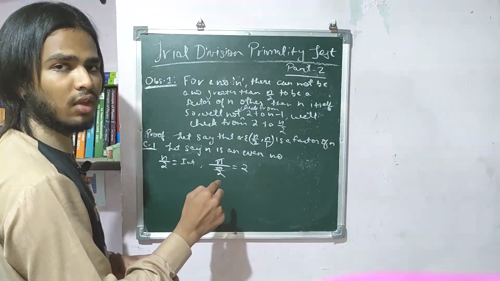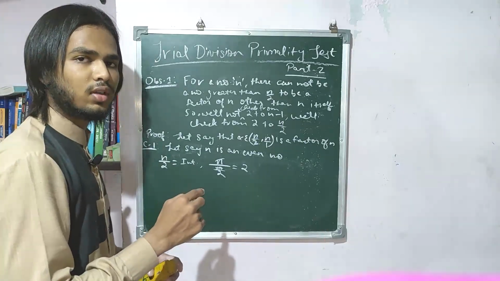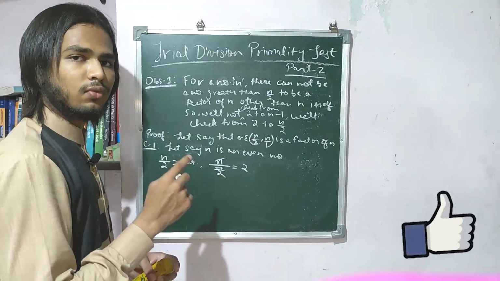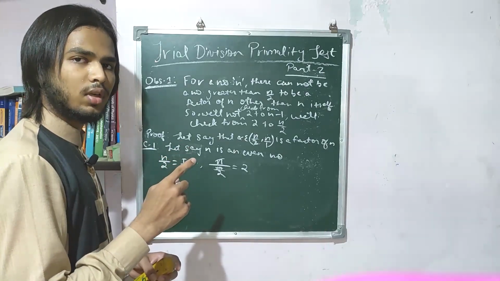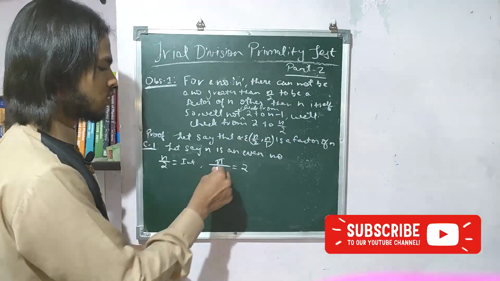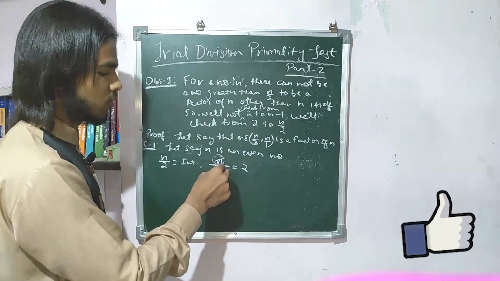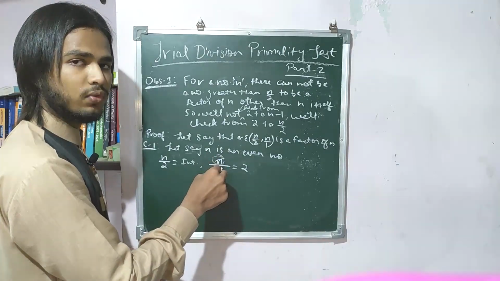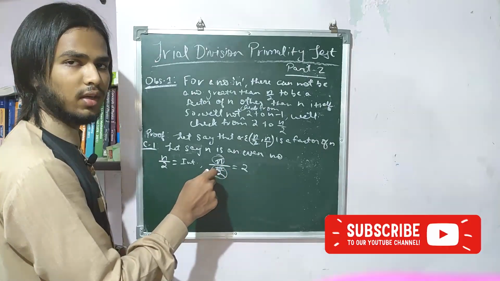So in the definition of factors, I want to remind you of the definition of a factor. As I have said, for a natural number, a factor is a natural number which divides the given natural number completely. So here n is a natural number, but we should not forget that the divisor should be a natural number.